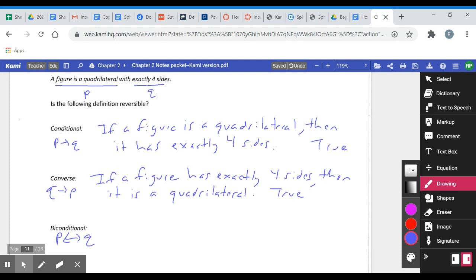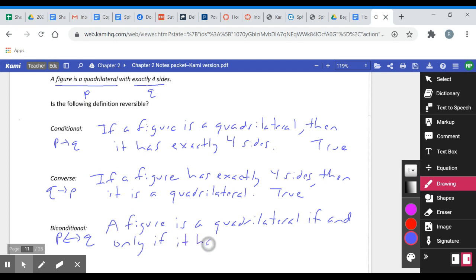So I'm taking the if out, and I'm going to say a figure is a quadrilateral if and only if it has exactly 4 sides. And again, that's our biconditional.